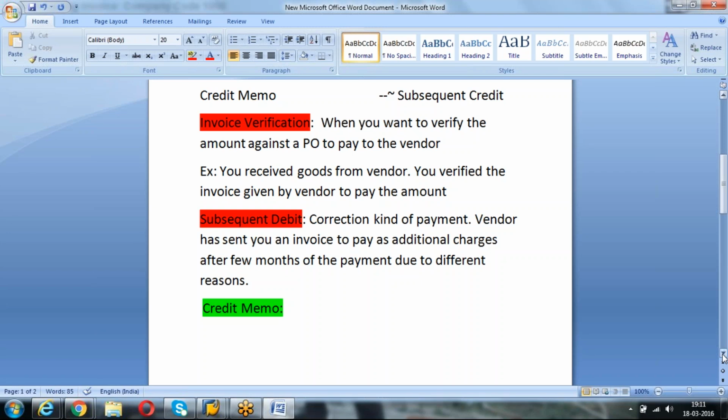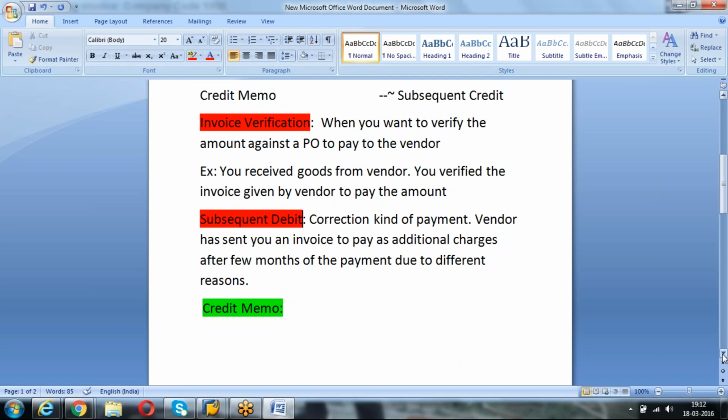Otherwise, as per our agreement, there may be certain corrections. For example, the material was fixed at 10 rupees, the price increased to 11, but at the time of invoice verification he sent you an invoice of 10 rupees. So he will request that he has sent you some 10,000 items, and can you pay 10,000 additional charges. If our company decides to pay that amount, it will be paid through subsequent debit, because the goods are already received and invoice verification was already done.